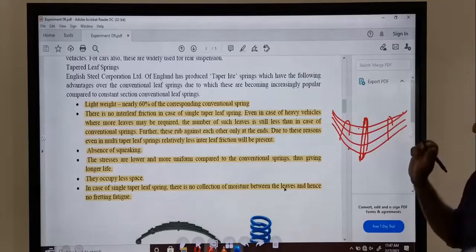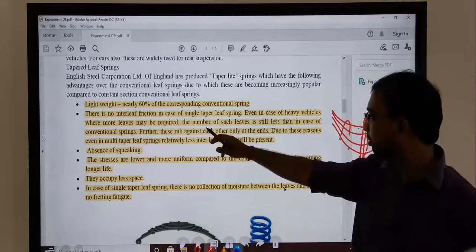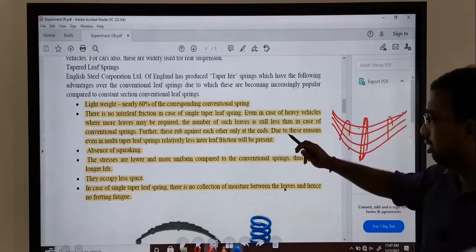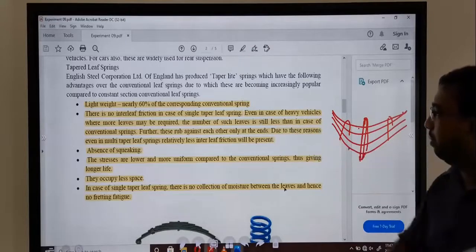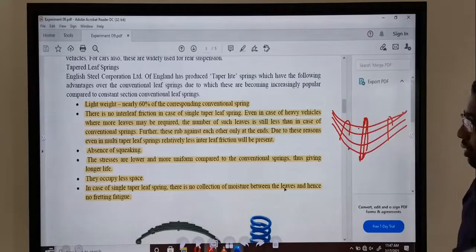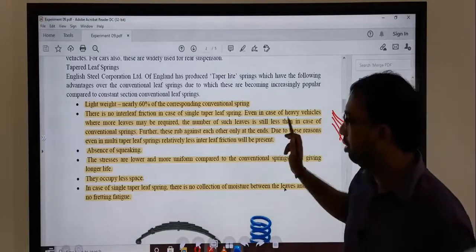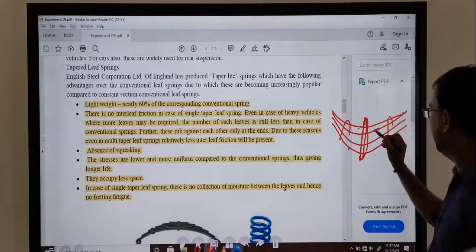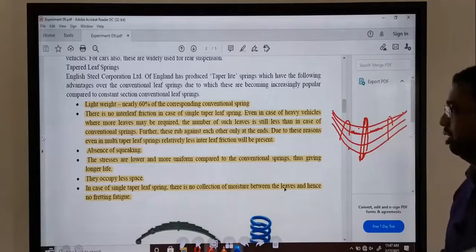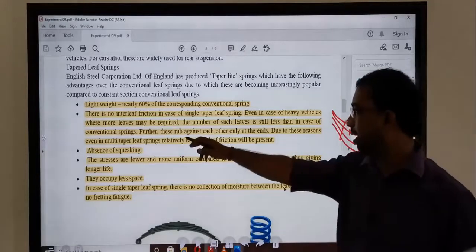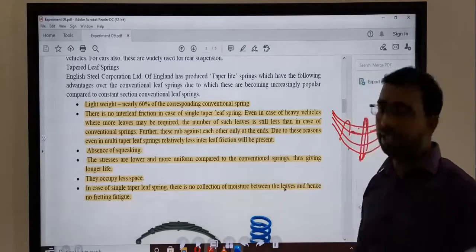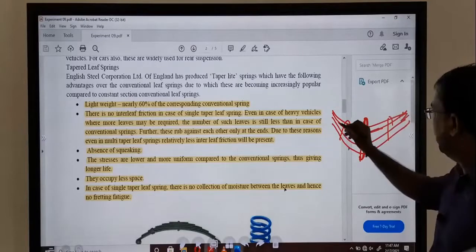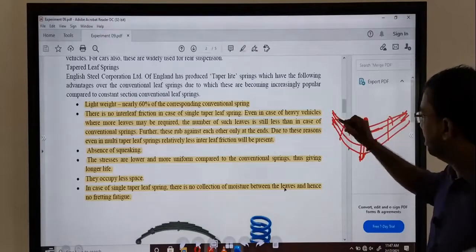So the interleaf friction in this area is very little. We can observe they rub against each other only at the ends, that means at the end of each leaf spring.